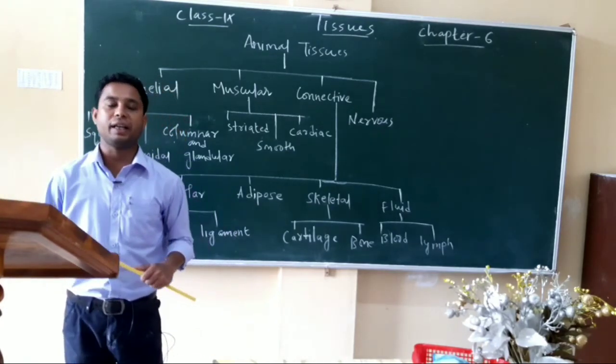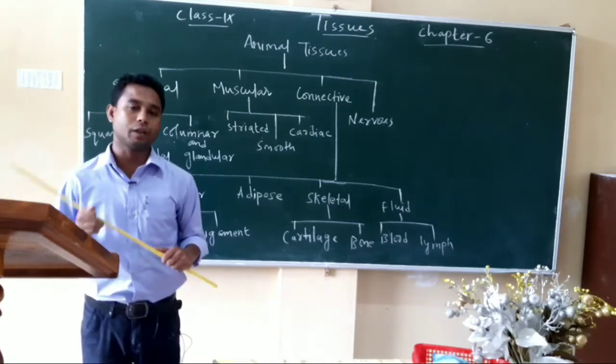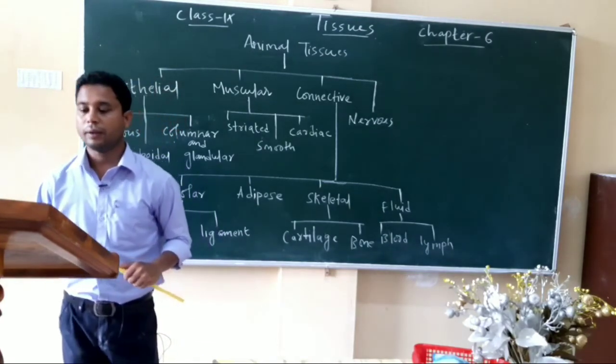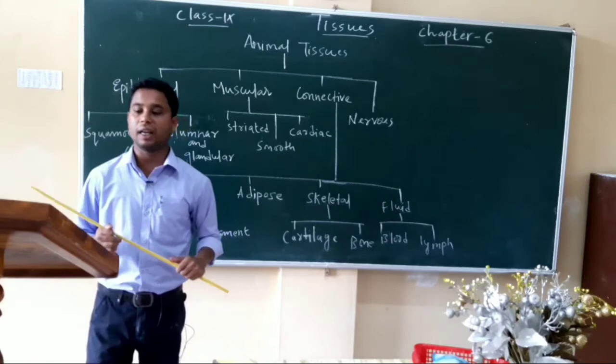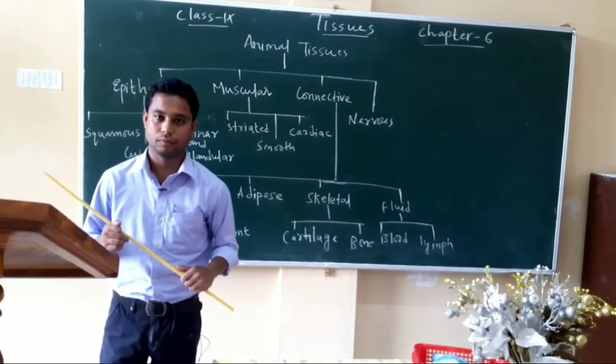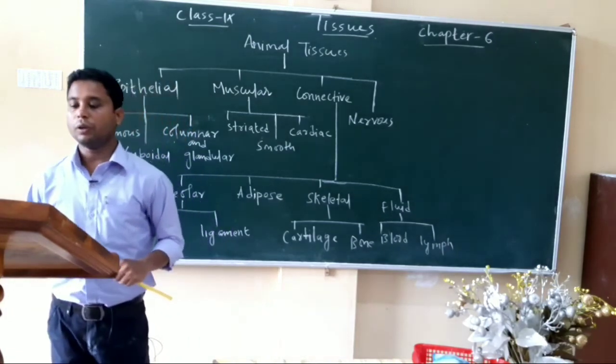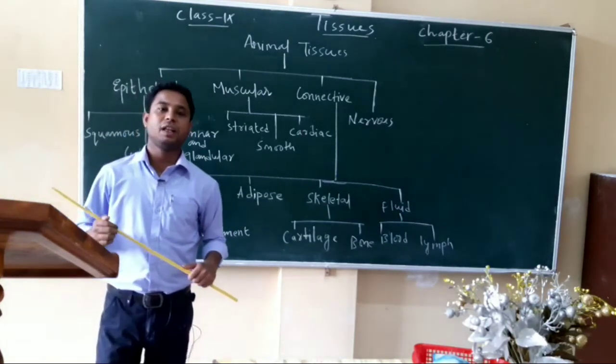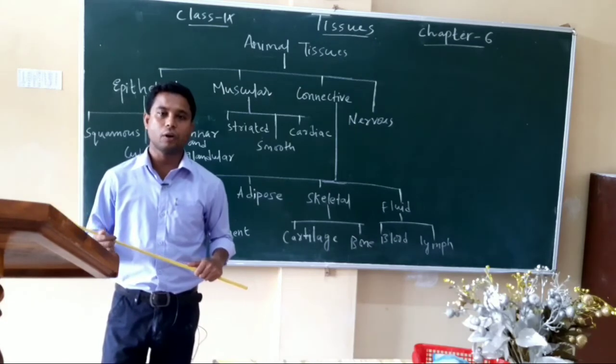So brain, spinal cord and nerves are composed of nervous tissue. Nervous tissue contains highly specialized unit cells called nerve cells or neurons.